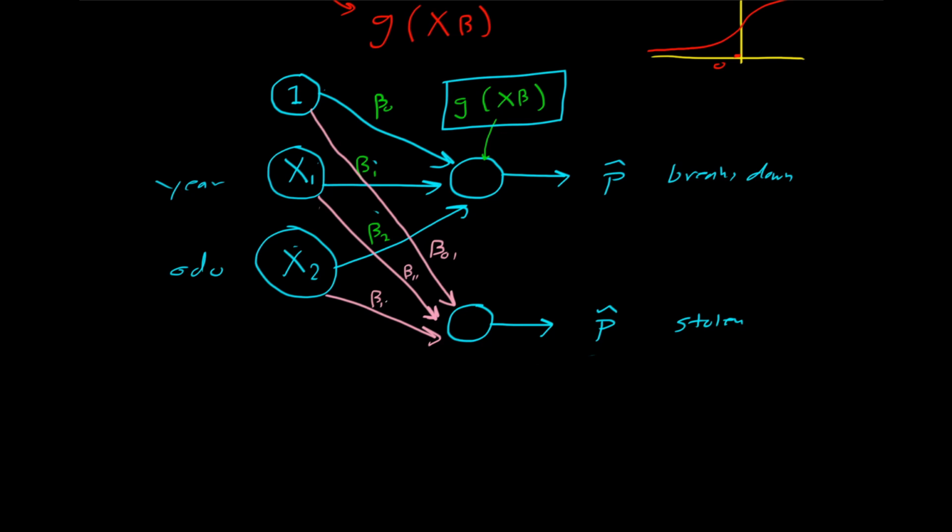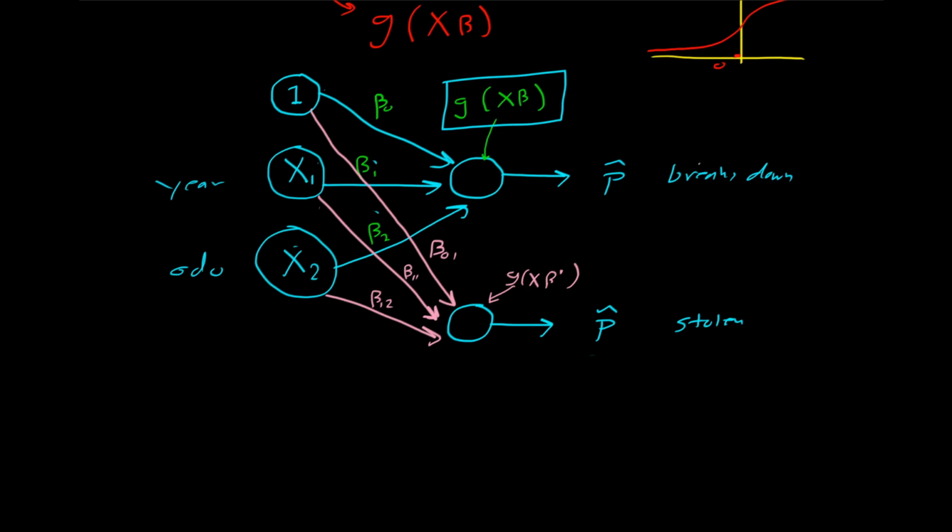Beta 2. So same thing, we're going to take in here, we're going to do the same operation of x, except it'll be, I'll just call it beta prime, because it's a different model. And then we're going to do g of that. So we could fit this model separately by minimizing a cost function, choosing the best set of coefficients for this model that I'm drawing in pink, and then we'd be predicting two things at the same time.